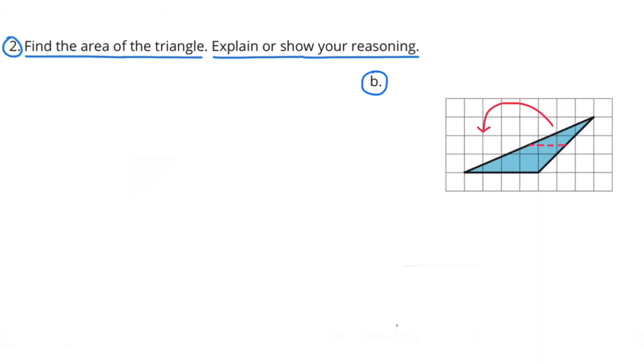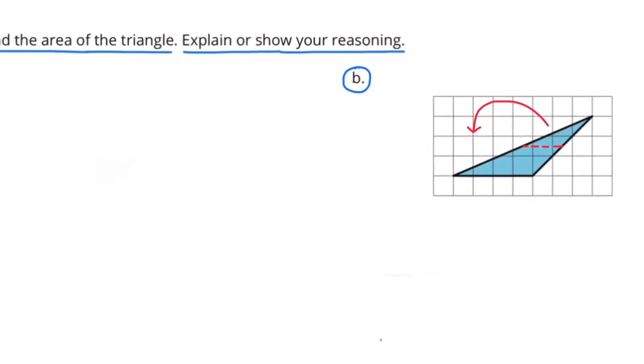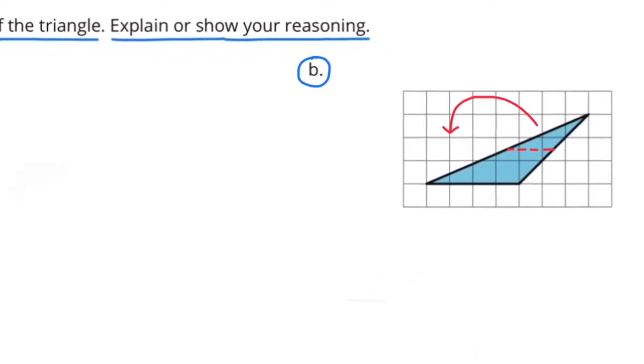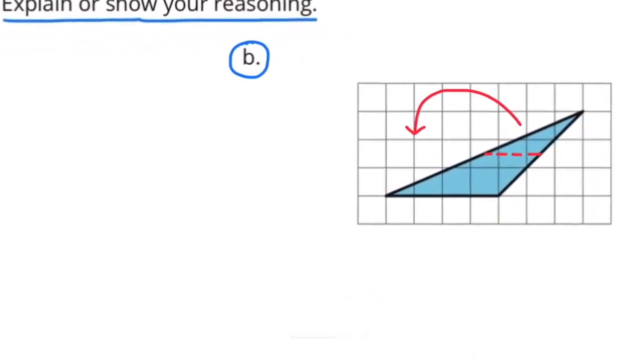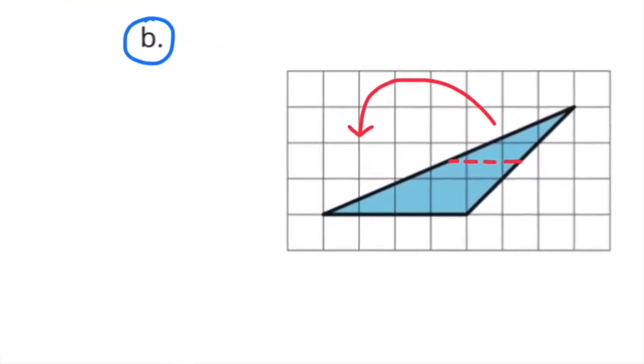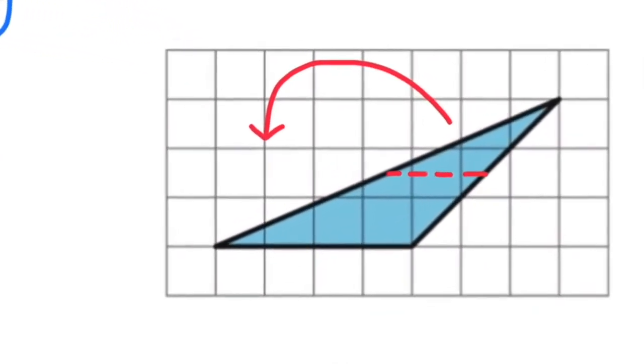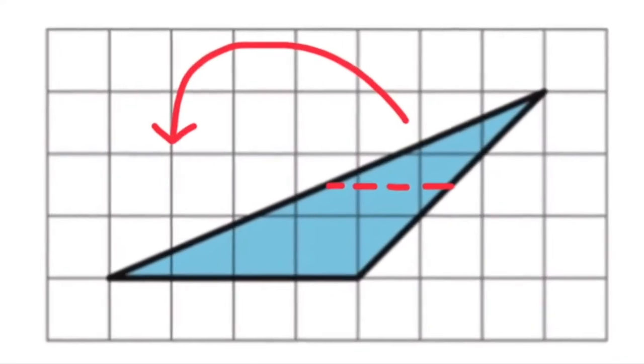B. I'm going to decompose this triangle and rearrange it so it becomes a parallelogram. I need to make a horizontal cut halfway between the base and the opposite vertex. And the distance between the base and the opposite vertex is 3. So I'll have to make a horizontal cut 1.5 units above the base.